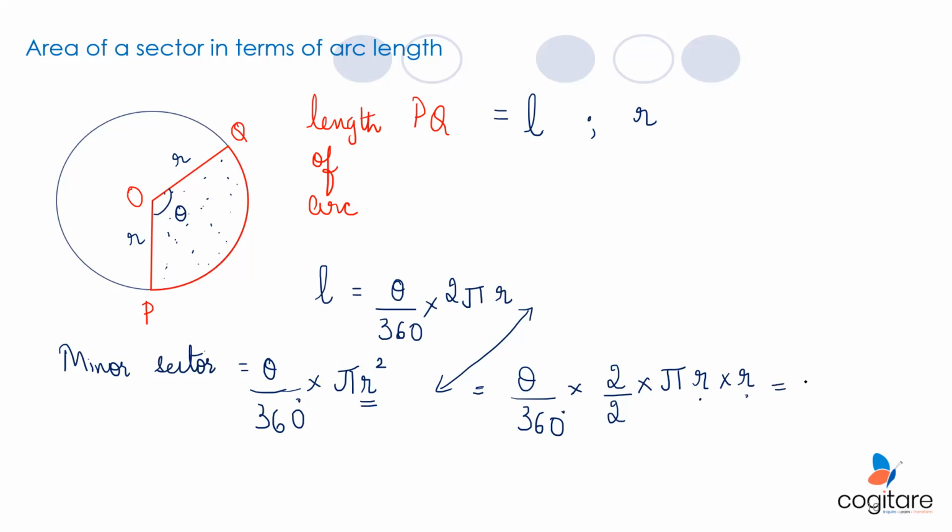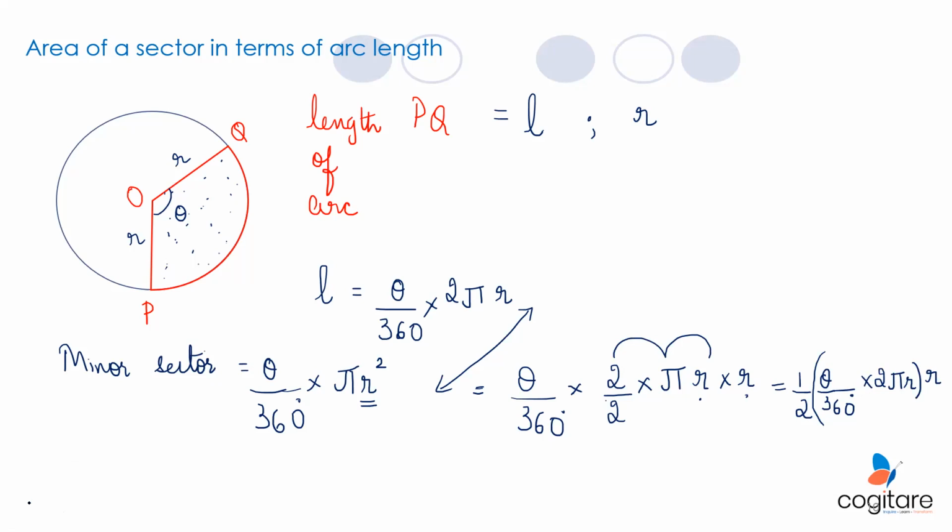But by doing this, the beauty is I'm going to take this 1 by 2 out. I will leave it as theta by 360, it's a multiplication here, theta by 360 into, you see I have 2 pi r into r, right guys? Now what is that which I've put in brackets?